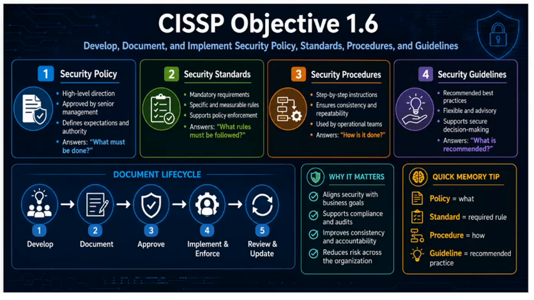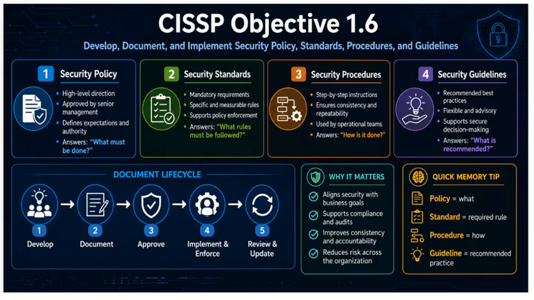Security guidelines. A guideline provides recommended practices, but it is usually not mandatory unless adopted by policy or standard. Guidelines help users and teams make better security decisions when flexibility is needed.